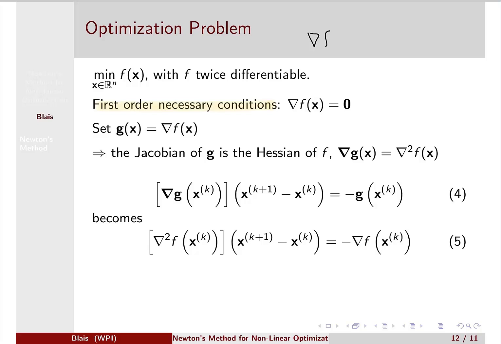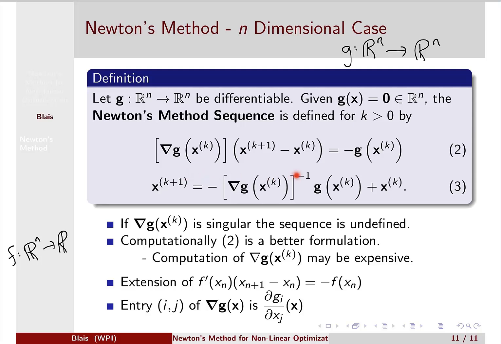The gradient of f of x takes in an x, which is in R^n, and then gives us a vector in R^n. The gradient is a vector in R^n. So we simply go back here and our g will be replaced with the gradient of f. And we seek a solution to the gradient of f equals the 0 vector.